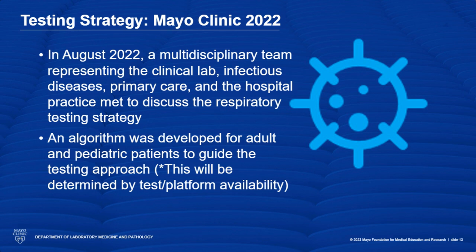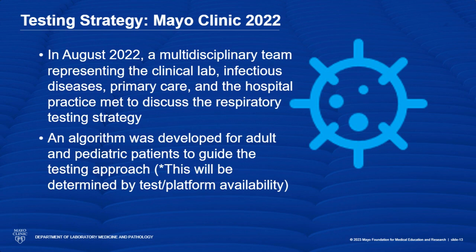What tests do we have in our point of care, urgent care centers? And what tests do patients have access to for at-home testing? And then we develop an algorithm that will recommend to outpatients and inpatients. And so this team developed an algorithm both for adult and pediatric patients to guide our testing approach.